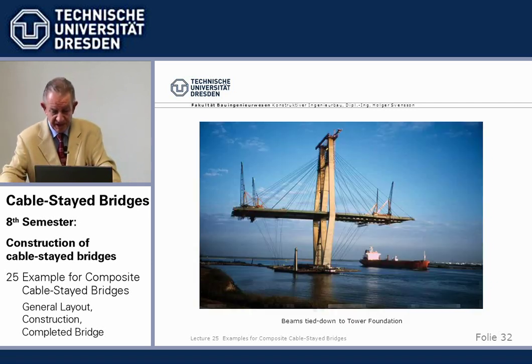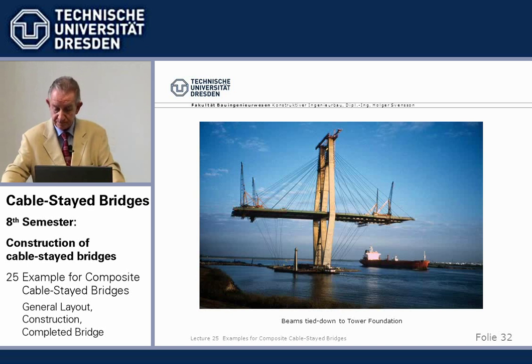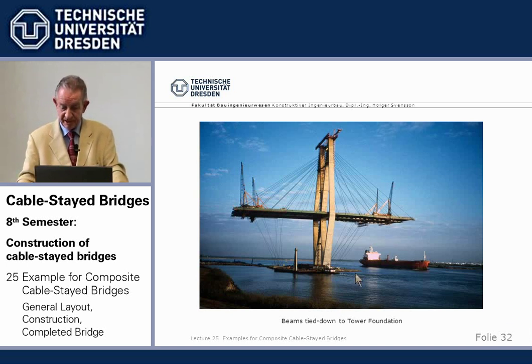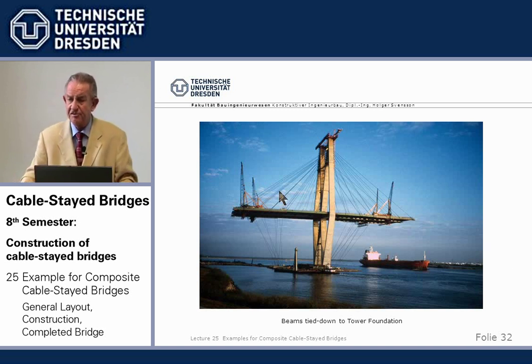Now, free cantilevering was started, went on. See here, typical tanker coming from the Gulf of Mexico into Houston Harbor. And remember the hurricanes. Now, we had a very thorough aerodynamic investigation.